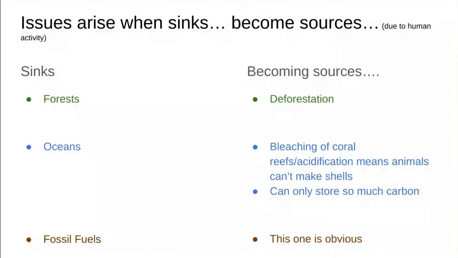Issues start arising in this perfect balance when sinks actually become sources. And that's pretty much due to human activity. On the left here are some of the major sinks we have: forests, oceans, and fossil fuels.